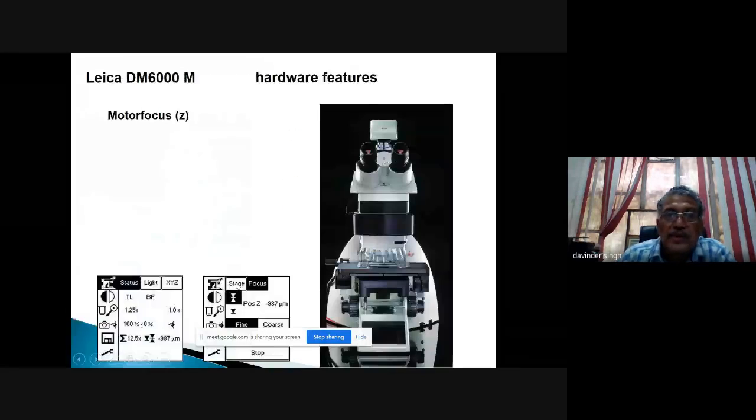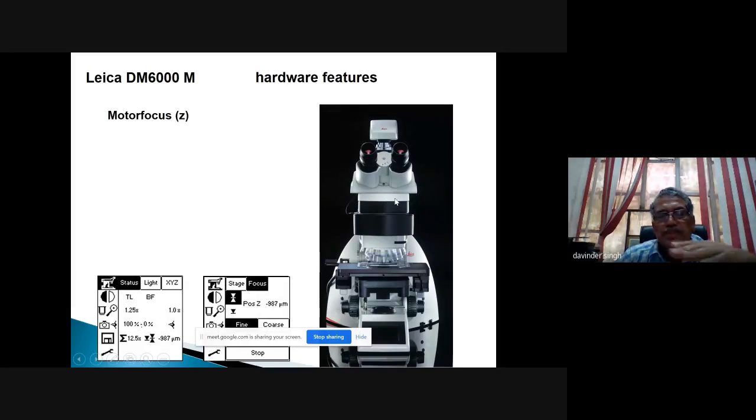Maybe I can explain further: here is the eye lens, and here we have the objective lenses, with different magnification objective lenses. In between the eye lens and the objective lens, there is a prism inside.